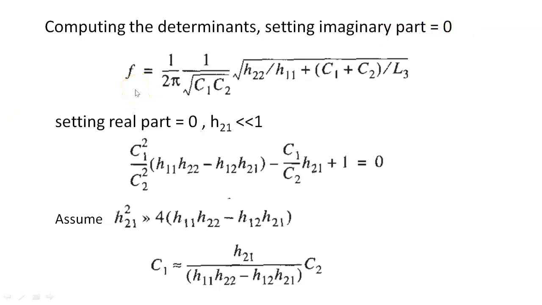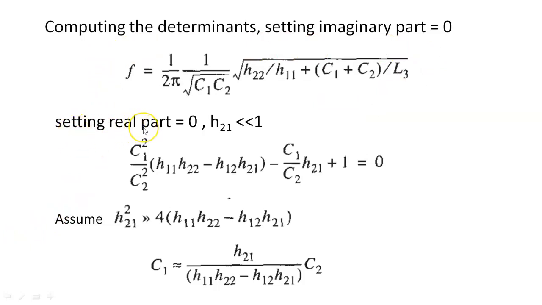After solving, we get f is equal to 1 divided by 2 pi into the square root of (1 divided by (C1 into C2) times H22 divided by H11, plus (C1 plus C2) divided by L3). This is the frequency of oscillation of the Colpitts oscillator.